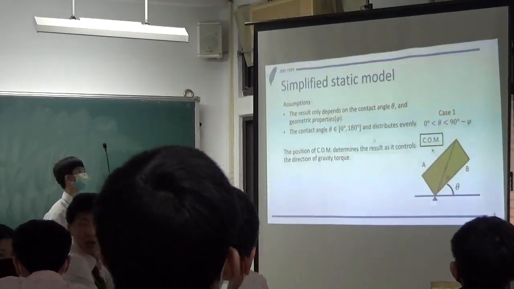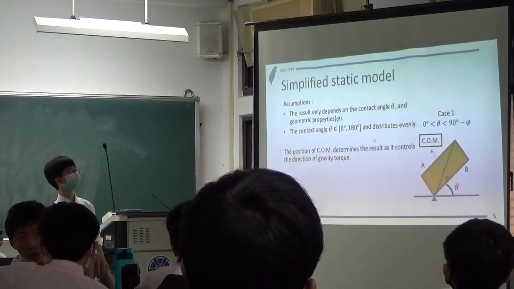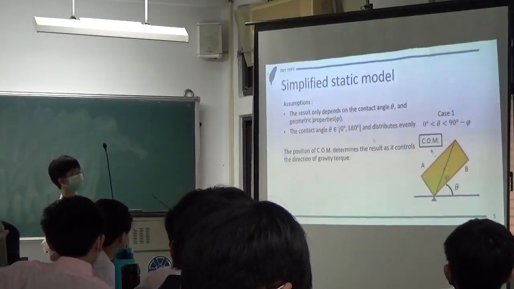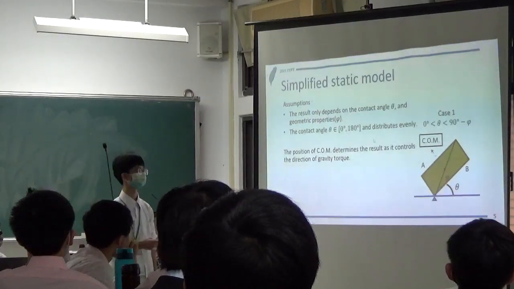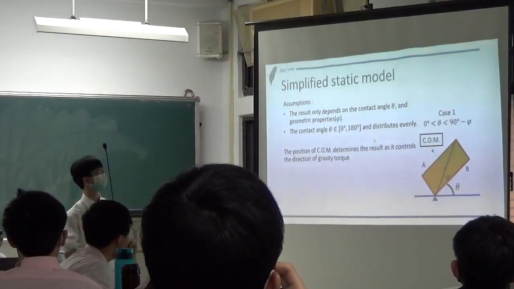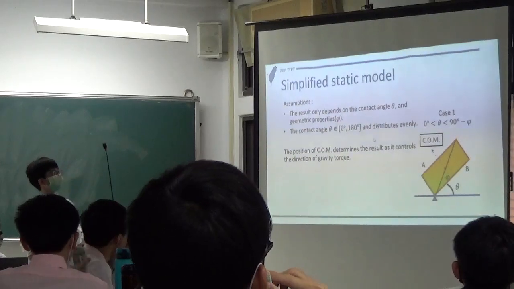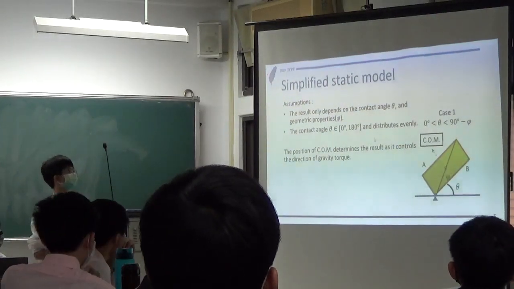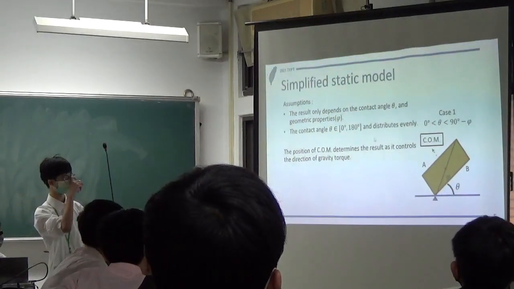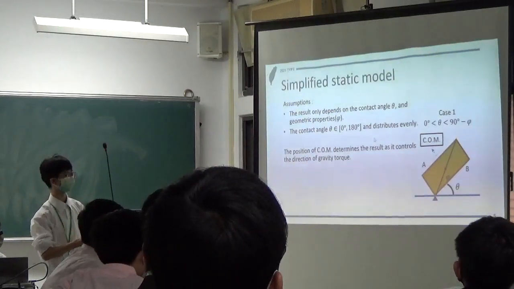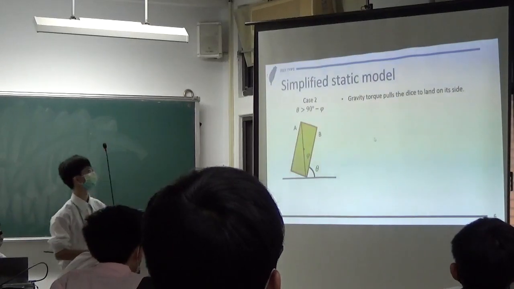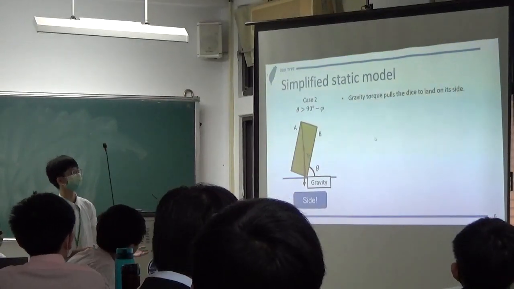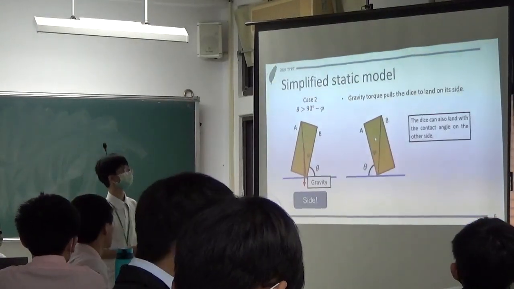And the second is that the contact angle theta is between 0 and 180 degrees, and this is even. So that means the position of the center of mass determines the result, as it controls the direction of the gravity torque. In case 1, it will land face up, and in case 2, just assume the gravity torque will pull the dice to land on its side.